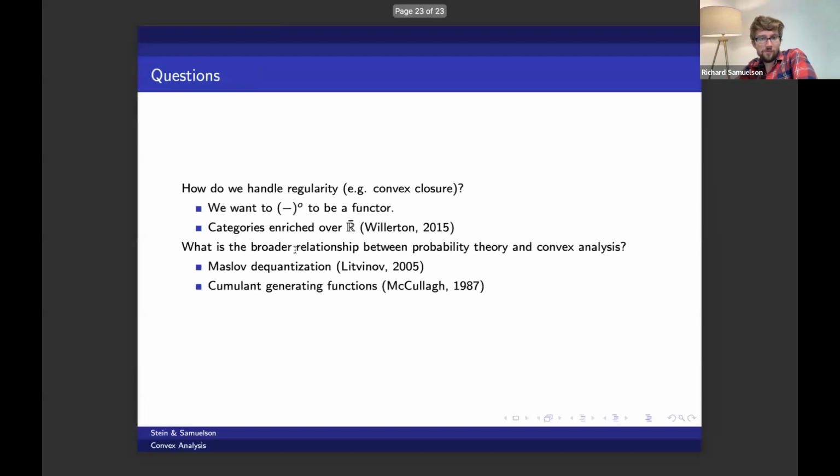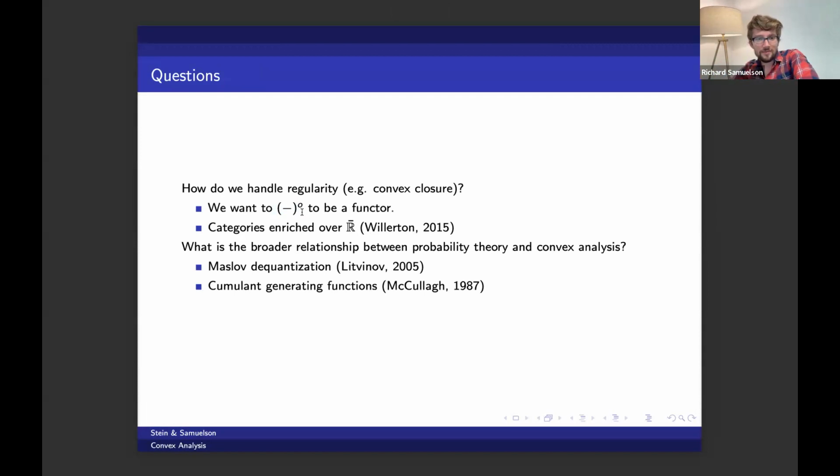So that's it. There's a lot of further work that has to be done. One is that I said that this thing is morally a functor, but of course, it isn't actually a functor due to these little regularity concerns. So we want to figure out how to make this actually a functor.